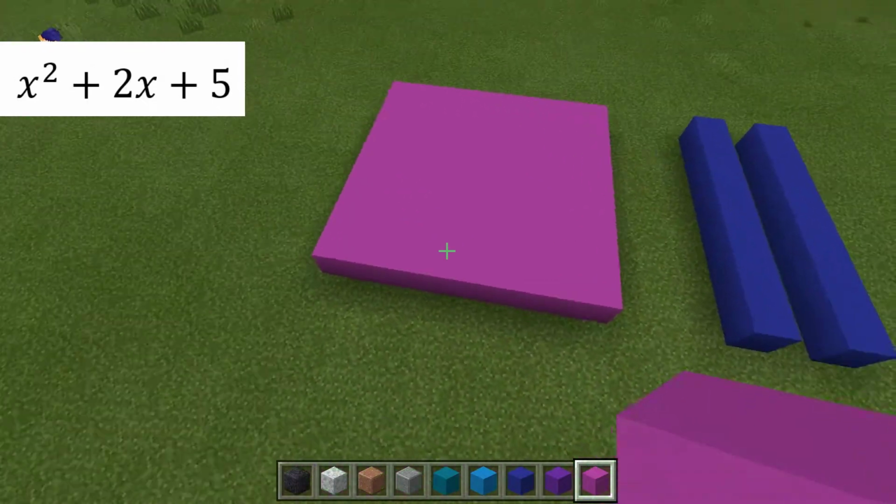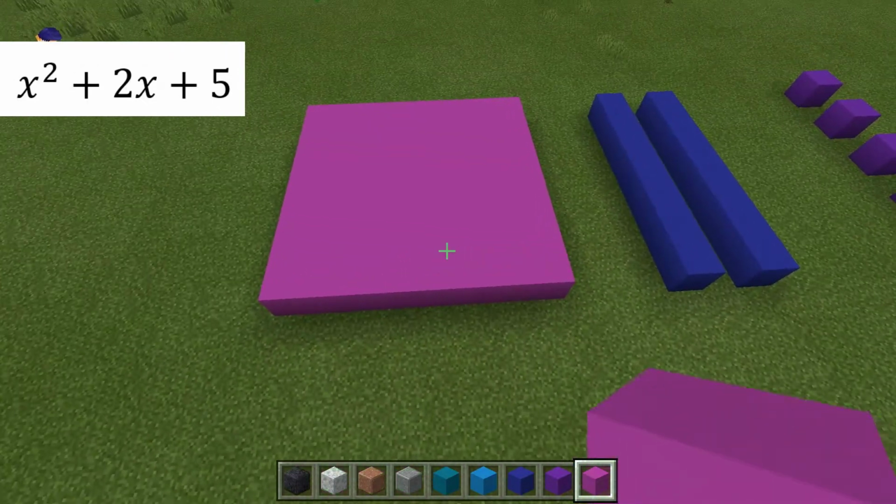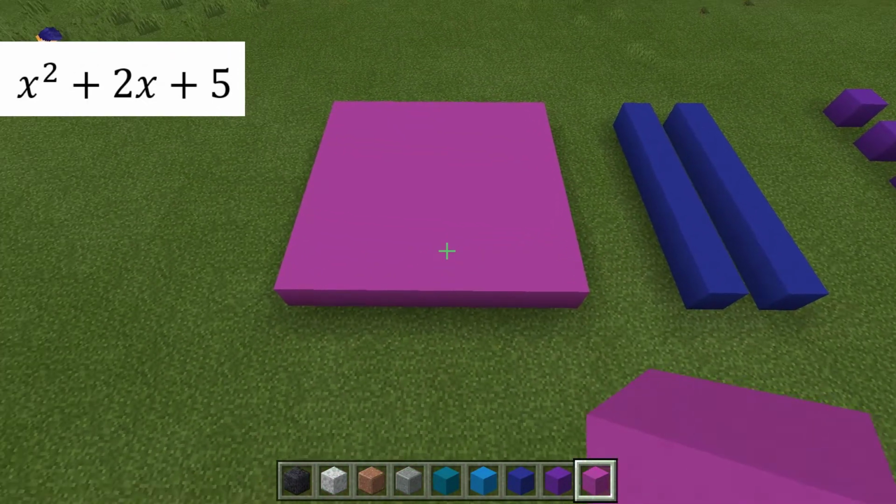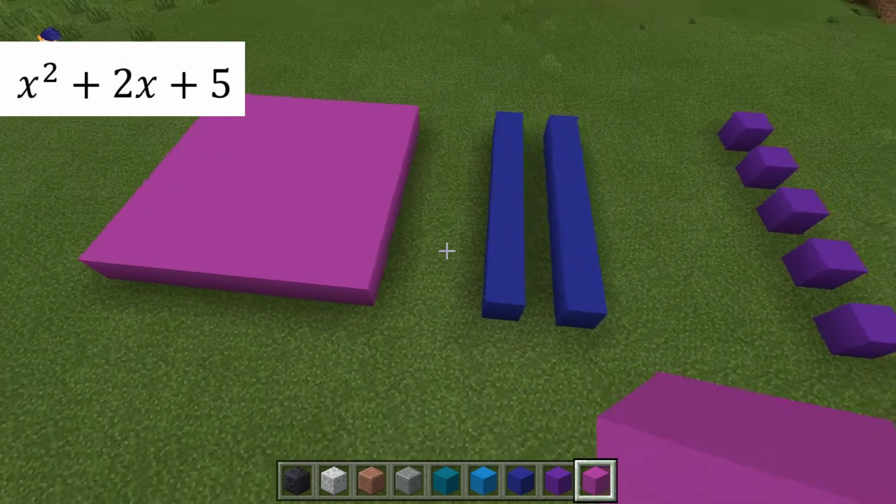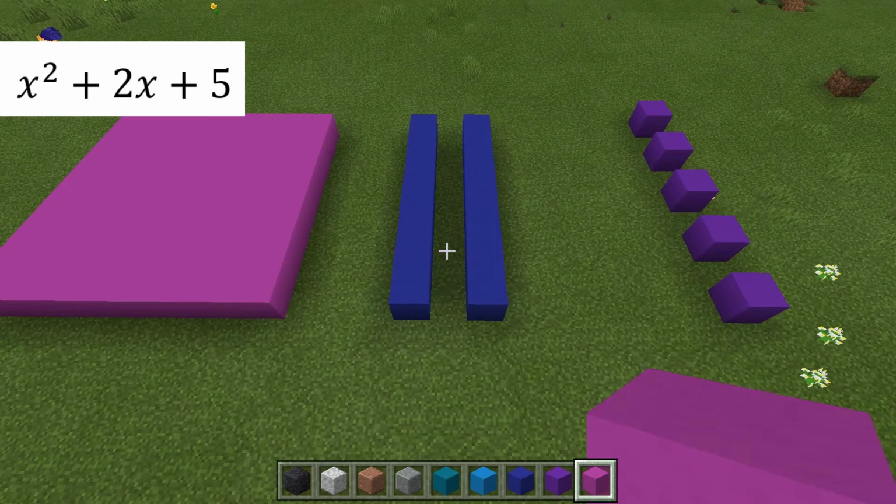So now what we have is a square that we can say is x by x. Yes, we know how big it actually is because we had to count so that we could make sure it was a square. But let's pretend we know. This is a square that's x by x, so we can represent it with an x squared. These 2 blocks are that same length, and there's 2 of them, so this is 2x.